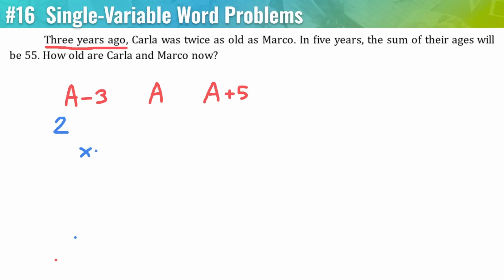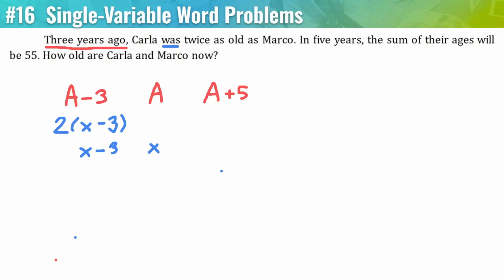Or rather, x minus 3. So this is going to be 2 times x minus 3. Remember, don't use 2x because she was twice as old as Marco. Keyword was 3 years ago. So that's why you have to use x minus 3. So Marco is our main representation. He's going to be x.